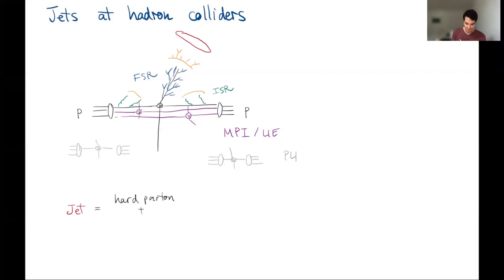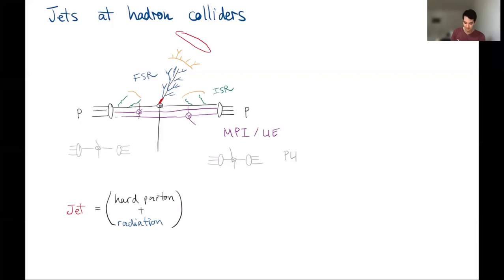But it should also capture the radiation from it. So we want the hard parton and the radiation from it, because that is the proxy for the scattering that happened here at the very beginning, right? I want to capture whatever happens after.